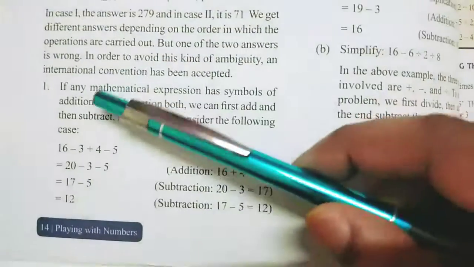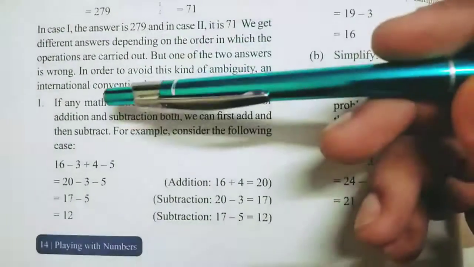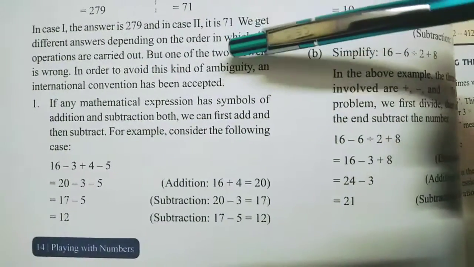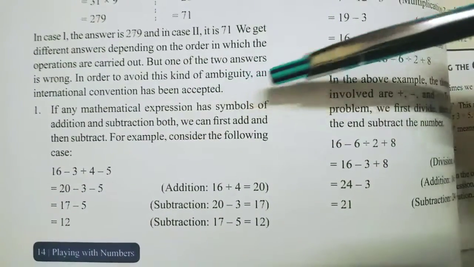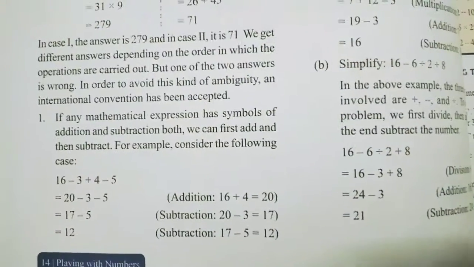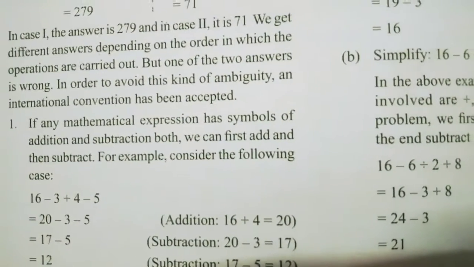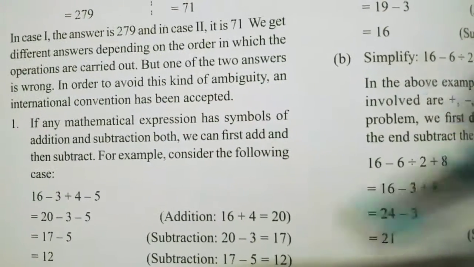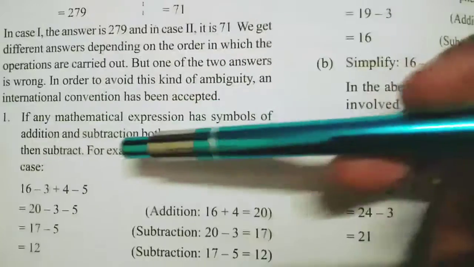Here see rule number 1. Rule number 1 says: if any mathematical expression has symbols of addition and subtraction both, we can first add and then subtract. That means in any mathematical expression, if both addition and subtraction symbols are given, then what to do first? You will add first and then subtract.